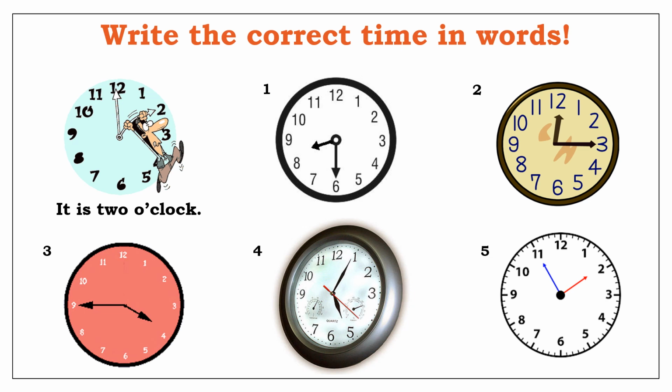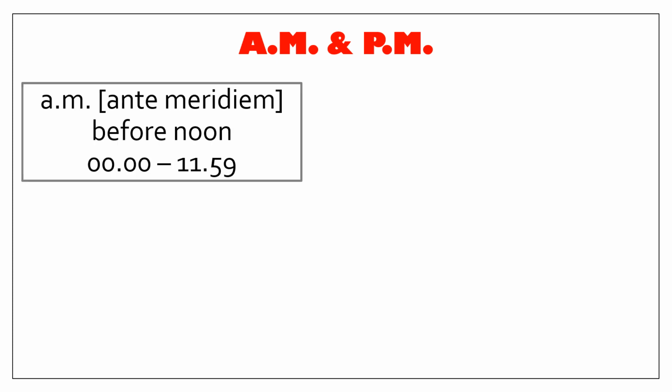Okay, now we can move to the next slide. I'd like to explain about the difference between AM and PM. AM and PM are actually from Latin words. AM, ante meridiem, or we say before noon, from 00 to 11:59. See the examples.